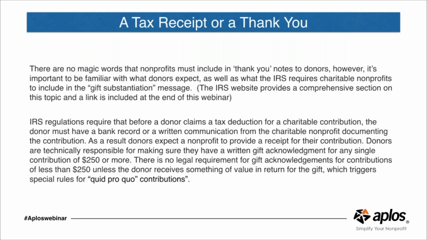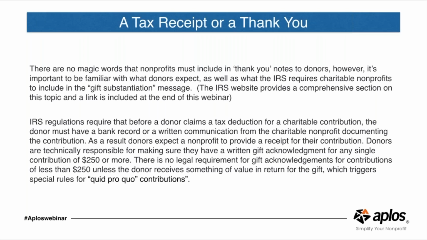There's a ton of resources. I'm going to give you a link to the IRS website at the end of this webinar. I'll show you some resources where you can go for more detailed tax information about things like in-kind gifts and how you write off events.